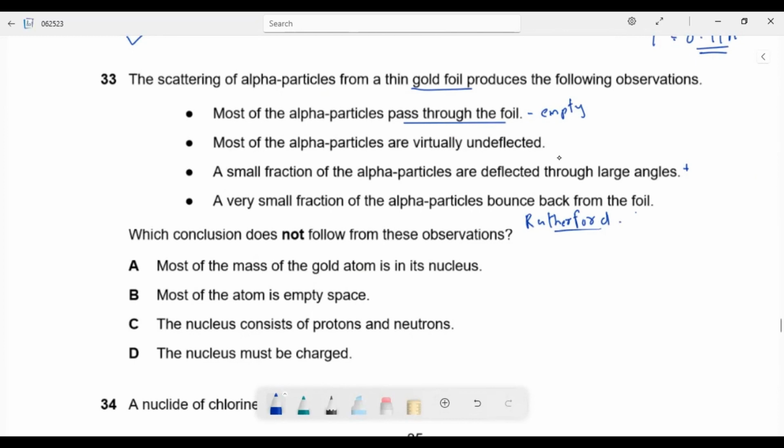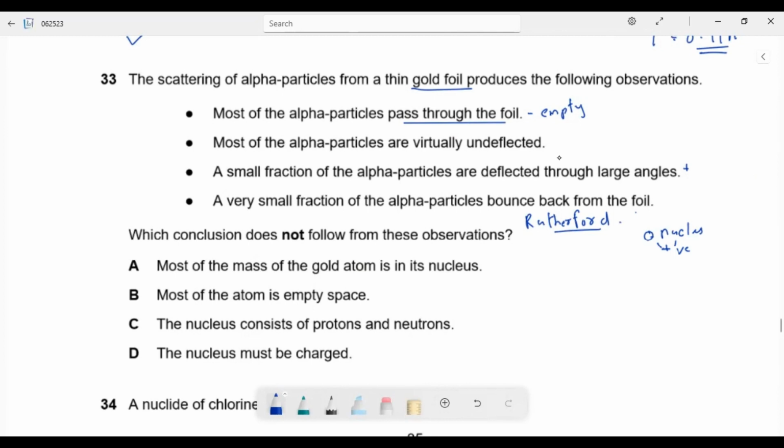Actually, this experiment supports the idea that in an atom, there is a concentrated nucleus, which consists of positive charge. This provides the crucial evidence for the existence of the nucleus and positive charge, and it doesn't directly reveal the presence of protons and neutrons in the nucleus.